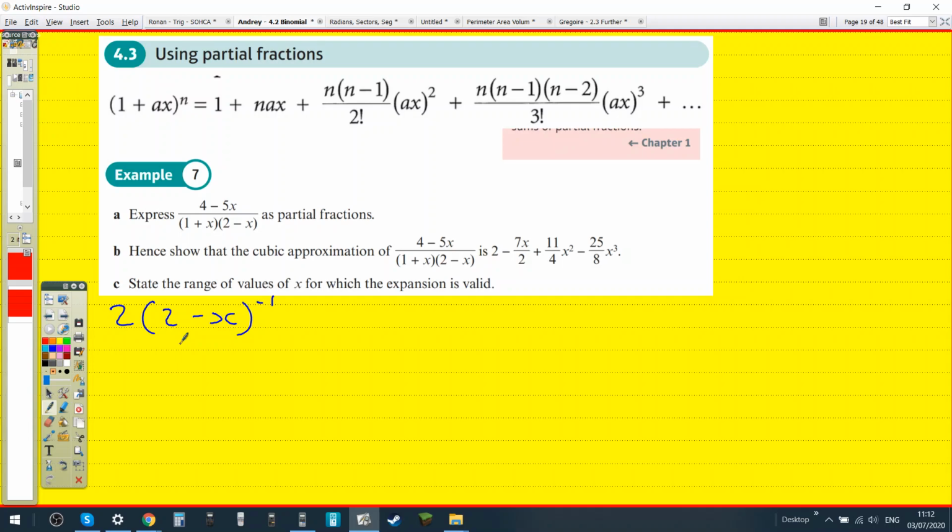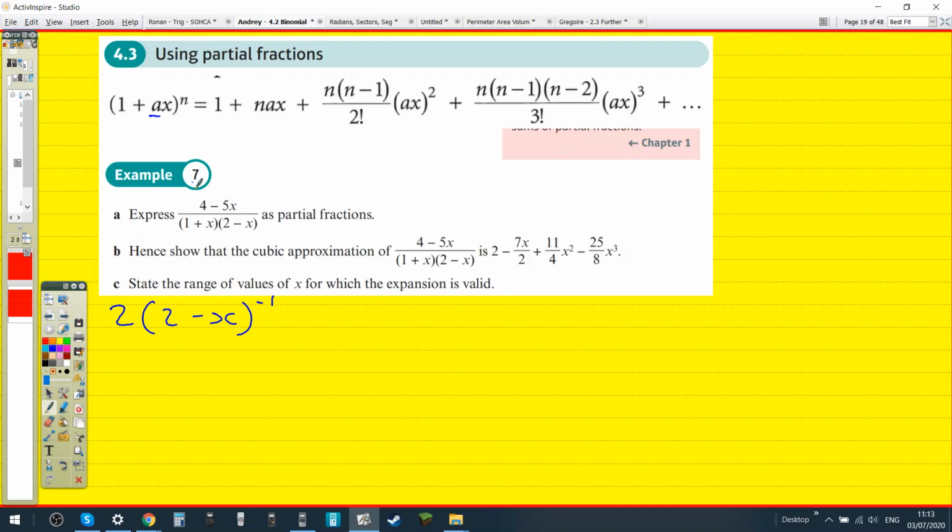Let me see our formula. A is not 2. A is the number in front of x. However, our formula is for 1 plus only. Oh yeah. So I need to factorize 2.